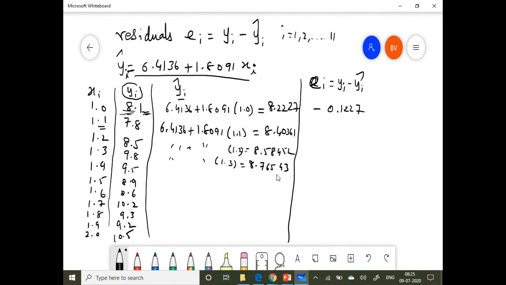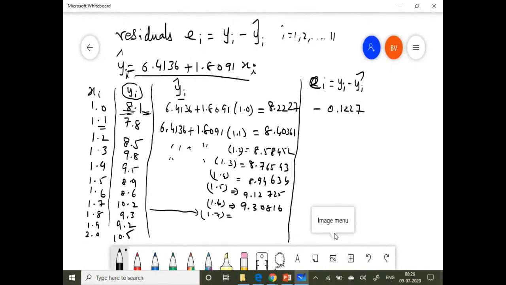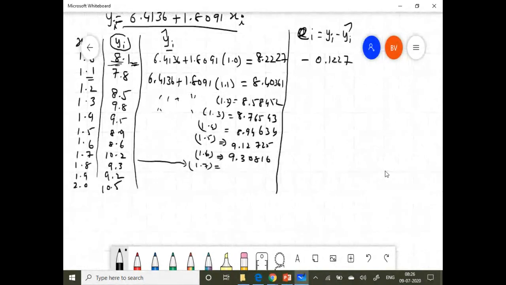You will get 8.76543. For x value 1.4, you will get 8.94634. For x value 1.5, you will get 9.12725. Then x is 1.6, you will find 9.30816. For x value 1.7, the answer will be 9.48907.